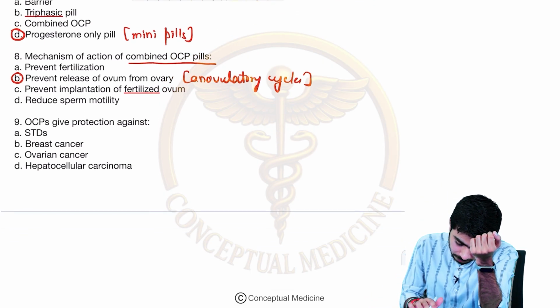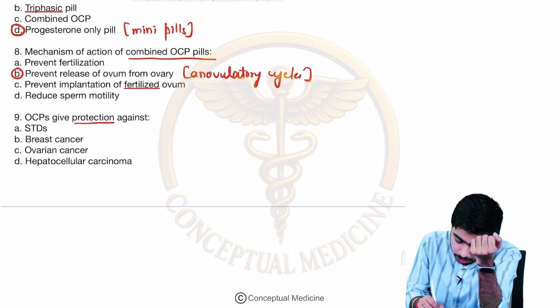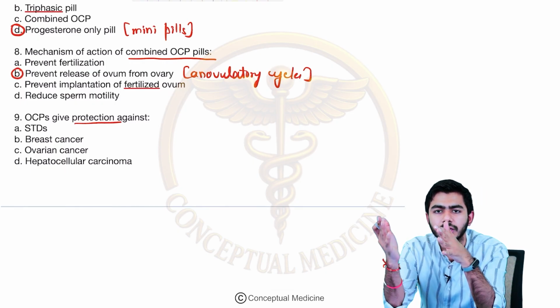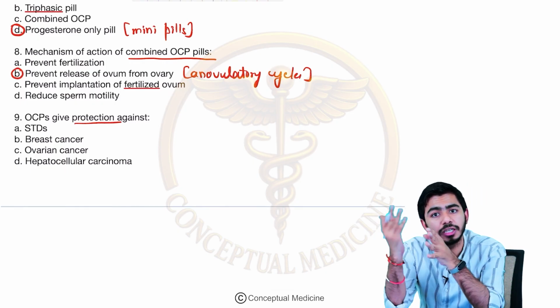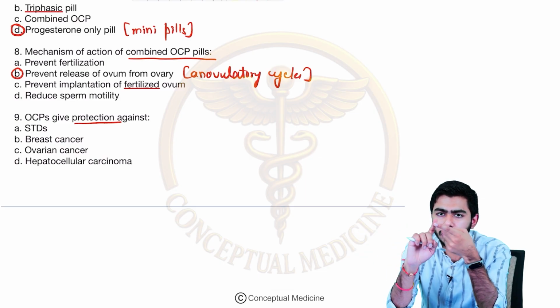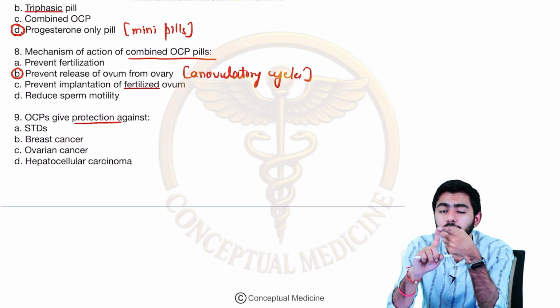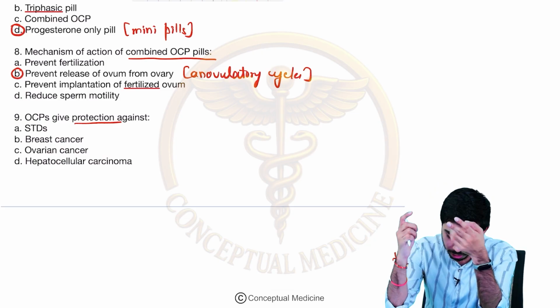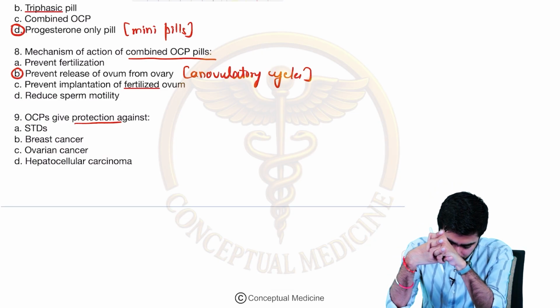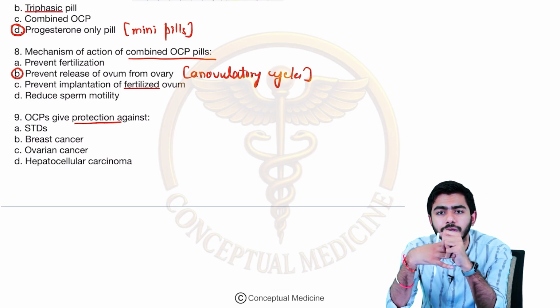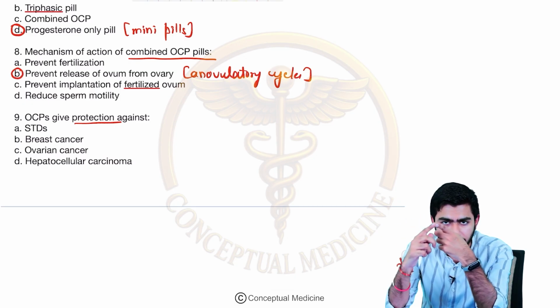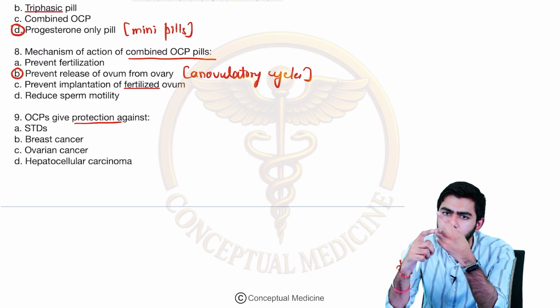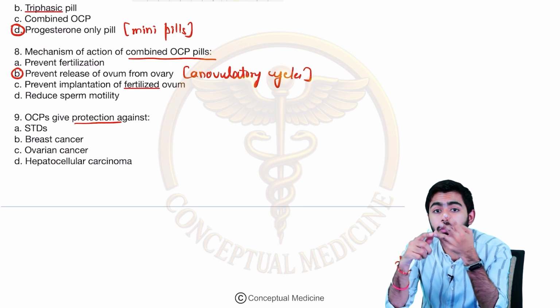Okay, right. Now 9th one, OCPs give protection against. I told you it is promoting some malignancies and preventing some malignancies. If you are talking about protection, ovarian cancer is the best option. Then endometrial carcinoma might be the answer. It was promoting cervical cancer, then breast cancer, and it was also promoting hepatocellular carcinoma.